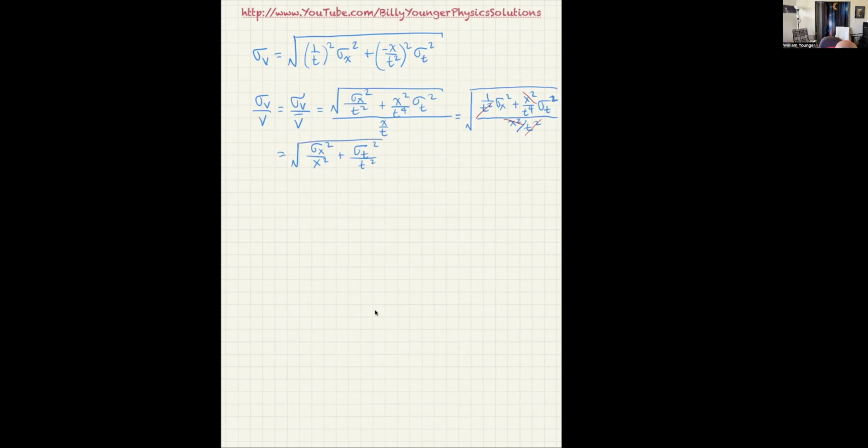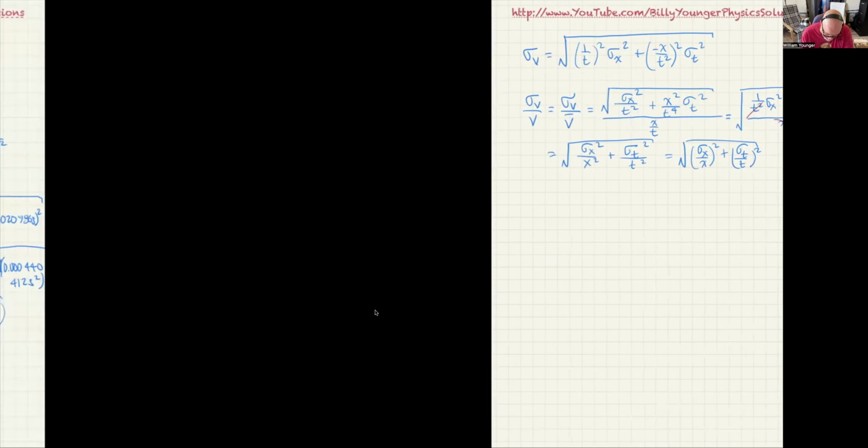That simplification is just the fractional error in x squared plus the fractional error in t squared. So that's a much simpler formula than the one for sigma v. Now we can use that to figure out exactly what sigma v is. I'll show you that now just so you understand.